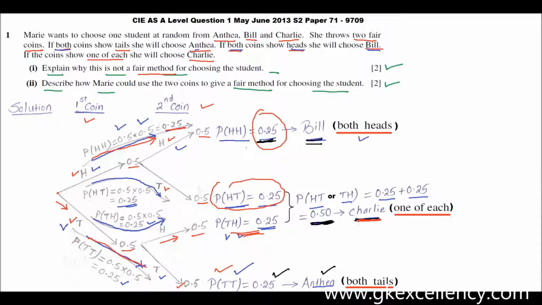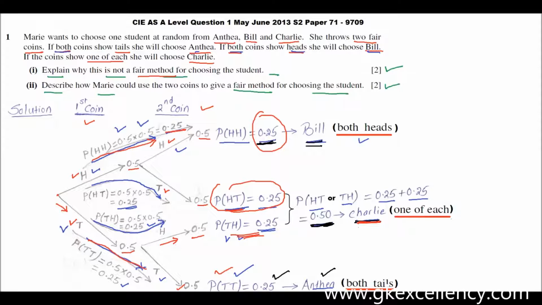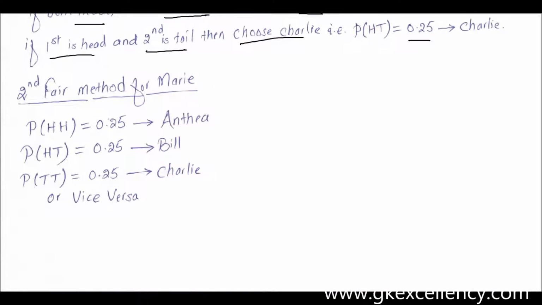And if it's head and tail, then first head and second tail, then choose Anthea. And third, when the first is tail and second is head, then choose maybe the third student, say Bill. Whatever.